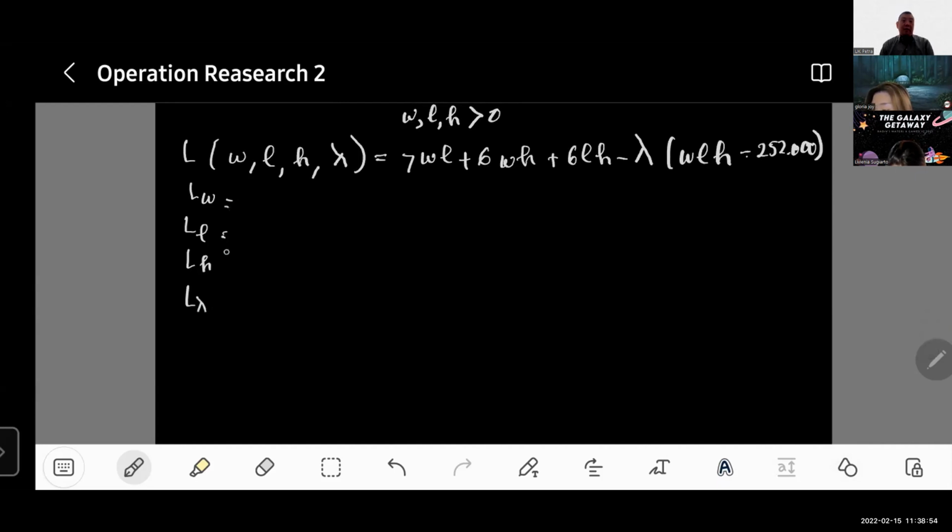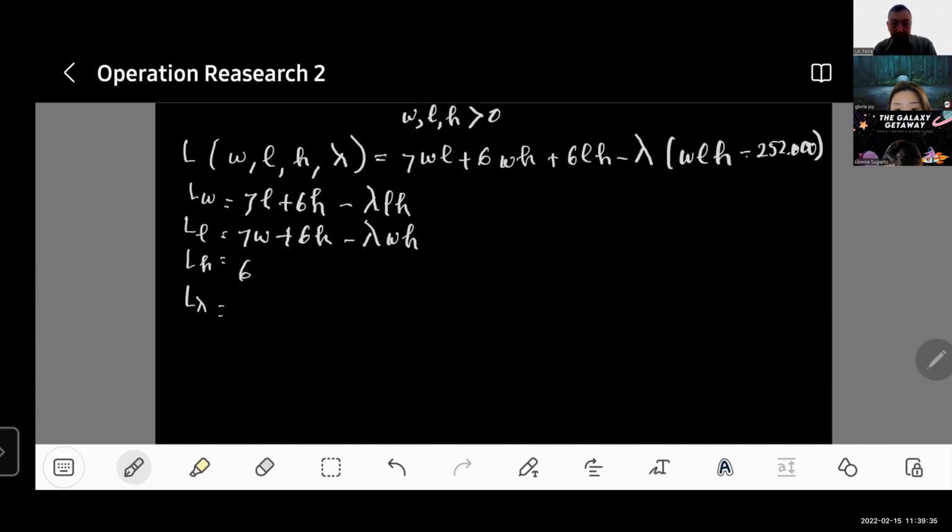For W it is 7L plus 6H, minus lambda times LH. For L it is 7W plus 6H, minus lambda times HW. For H it is 6W plus 6L, minus lambda times WL. And for lambda it is minus everything there, WLH minus 252,000.